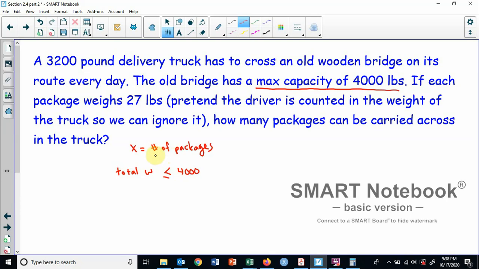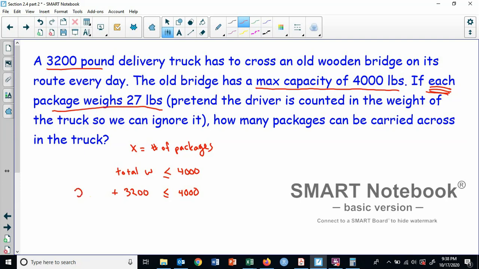Okay, now how are we going to find the total weight? First off, we know the delivery truck is 3,200 pounds. And we're adding packages to it, and each package weighs 27 pounds. Now that is for each package, right?